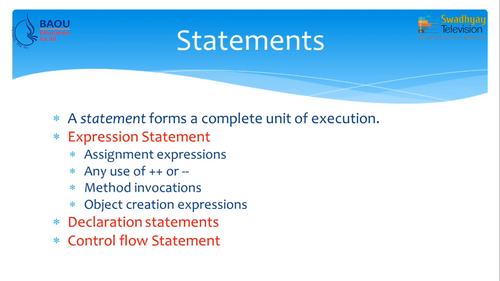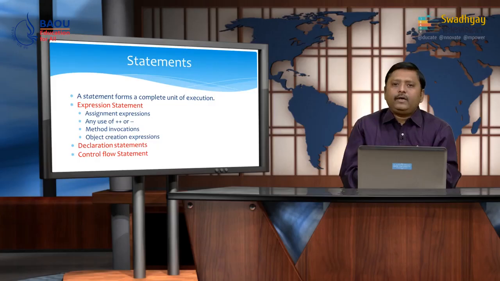And we have the declaration statement that we have seen earlier, and the control flow statements that we will discuss later on, like the if-else ladder, for loop, while loop, switch statement, etc. These control flow statements we are going to discuss in the next session, but we can say a statement is a unit of execution and we can classify statements based on what they do.